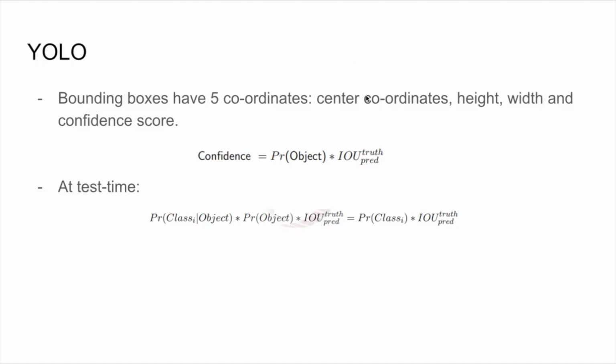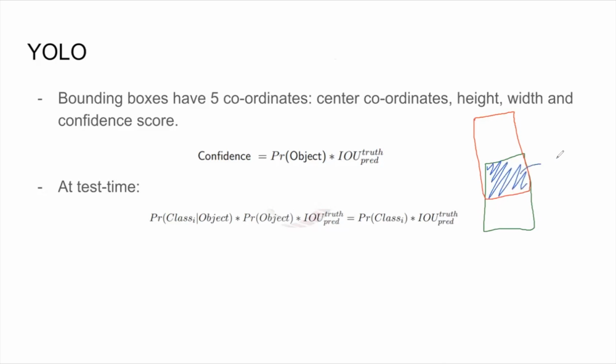I'll get blue and green. Let's say this is the actual bounding box that encapsulates an object, and this is the predicted bounding box. Okay, you've got that. So the intersection over union would be like this. You take everything that covers here, that's the intersection.